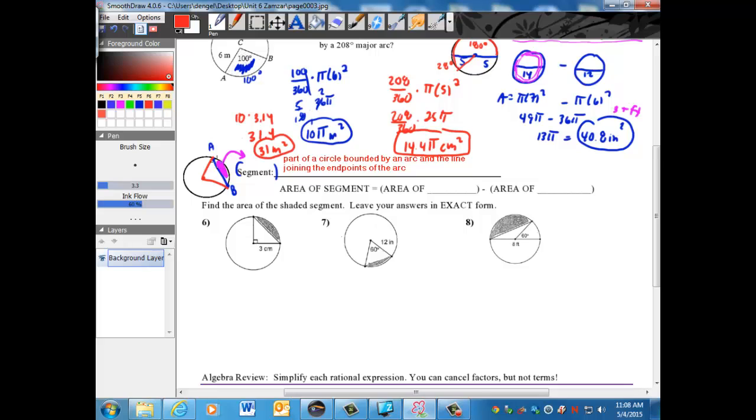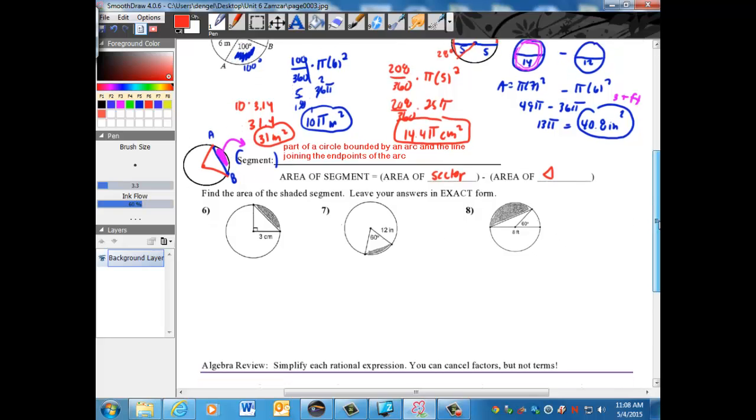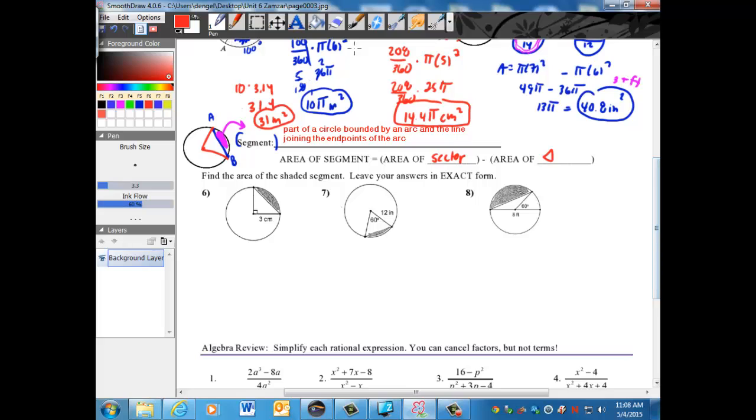But what really happens here is our segment is going to be the area of our sector, which is our whole slice of pie, minus the area of our triangle, because if we find the area of our sector and then subtract the area of the triangle, what we're left with is this amount in pink, which is our segment. So for all these problems, we're going to use this formula.